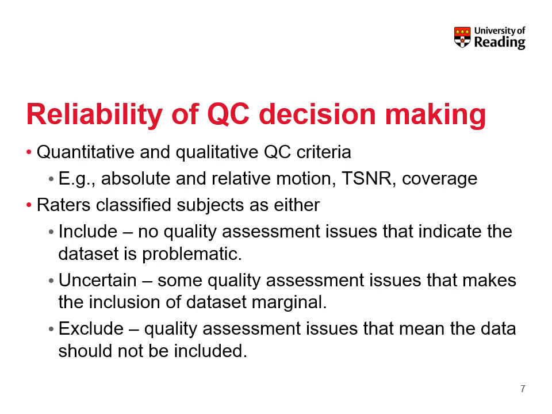And lastly, participants were rated as exclude by raters if there was evidence of failure to meet our quantitative or qualitative assessment criteria. If cases were rated as either uncertain or exclude by raters, then they also provided additional information to explain their assignment of the subject to either the uncertain or exclude classification.